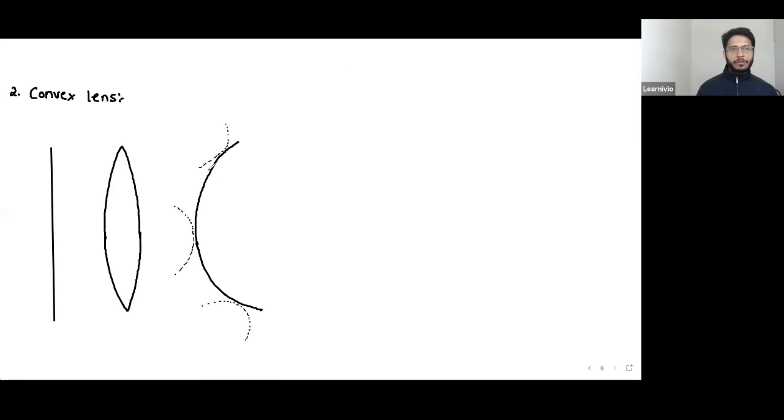Now, can you explain why the radius of this arc is greater than this arc? I'm taking three points here. Because the thickness is larger at B. The waves which are coming from B will cover a larger distance in glass.